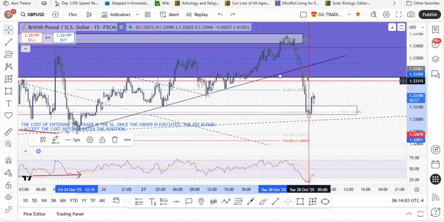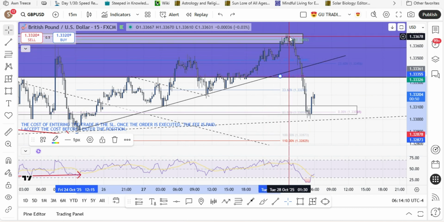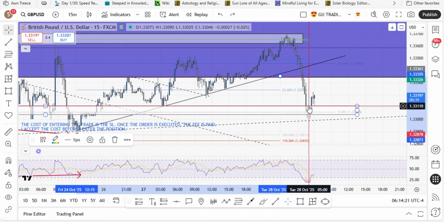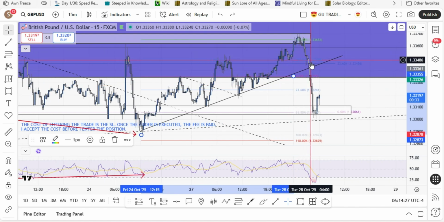It wasn't like a break and retest or any really entry points other than the fact that it was the end of a fib and also a zone to take that down to this area here. But taking it down to the area, we just had to be mindful that you were breaking through this trend line, but this is a minor trend line, so it doesn't hold that much weight.